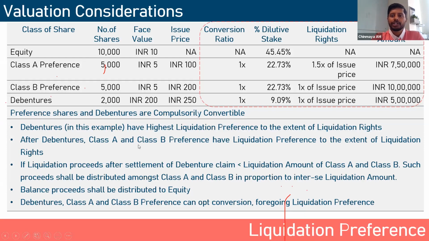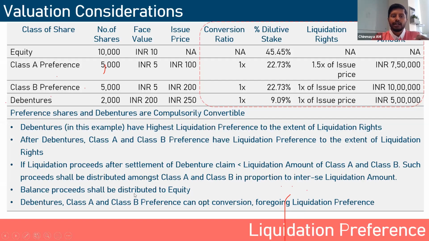After honoring debenture holders, on the balance, preference shareholders are to be honored based on this liquidation preference amount. If liquidation proceeds are still remaining after settlement of the debentures' claim, then Class A and Class B shareholders will be honored based on this liquidation preference ratio.